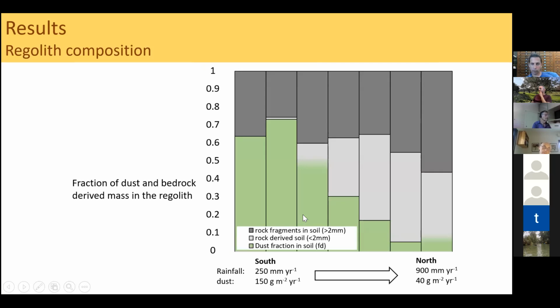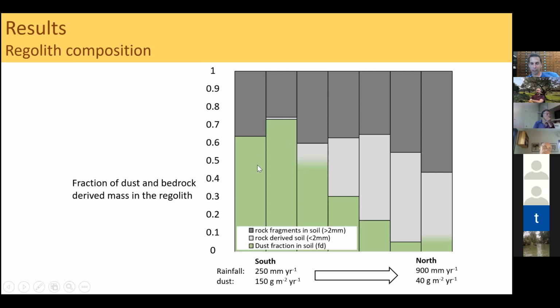Okay, so this is a graphical summary of the results on soil composition. We see that in all the sites, the coarse fraction is, as I said, between 25 and 50%. There's obviously sufficient mechanical weathering going on, in spite of some studies that say the contrary.